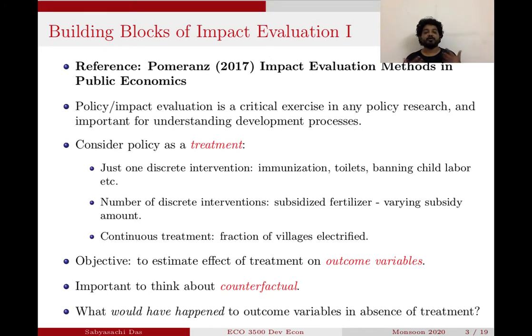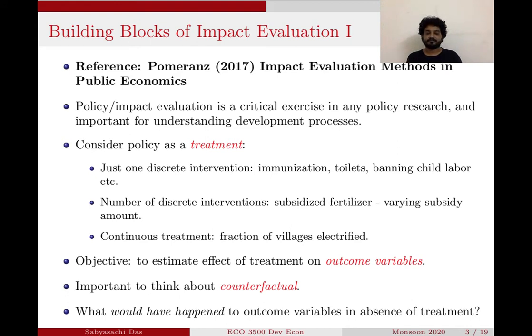So what is our objective? Our objective is to estimate the effect of this treatment on some outcome variable. In the case of electrification, the outcome variable is the growth in firm employment or firm revenue, basically performance. In the case of fertilizer subsidy, your outcome variable could be usage of fertilizer, to find out whether giving more subsidy, which is your treatment, leads to greater use of fertilizer.